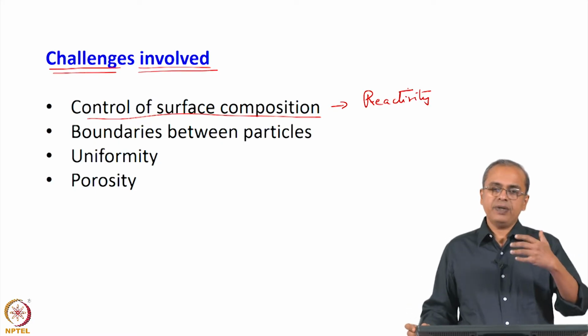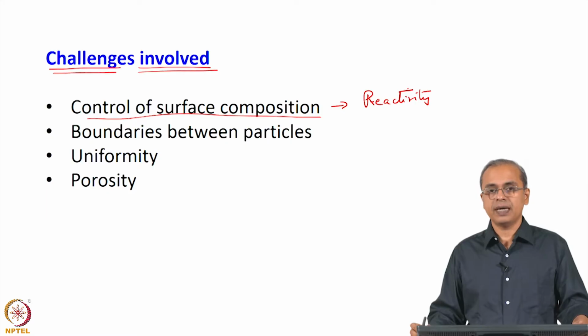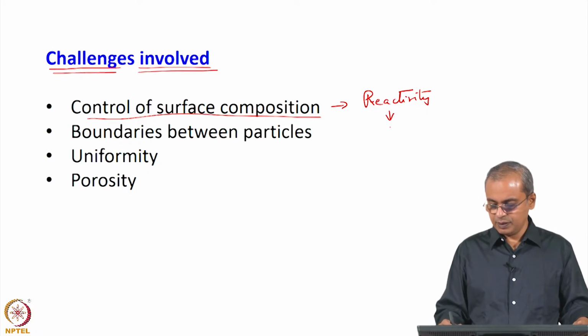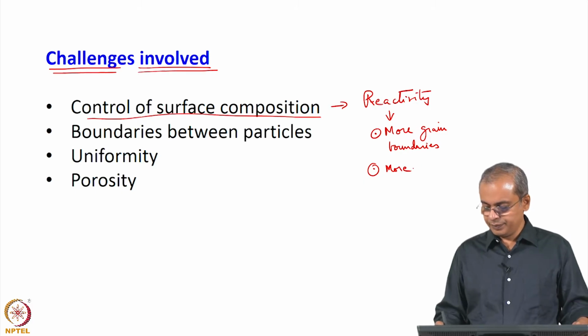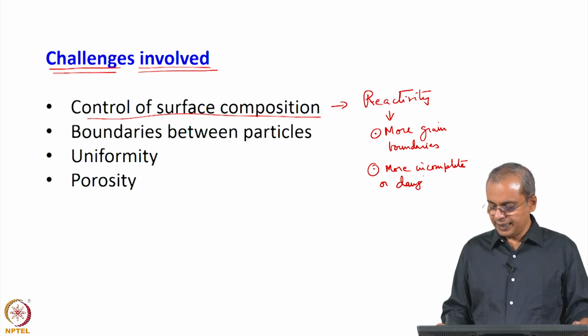As you are aware, every time you reduce the crystalline size, you are increasing the number of unsaturated bonds at the grain boundaries. More grain boundaries, so more incomplete or dangling bonds.